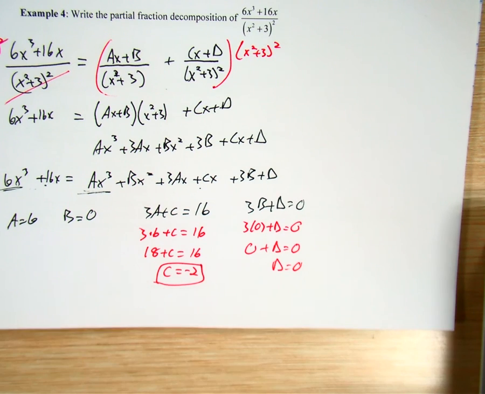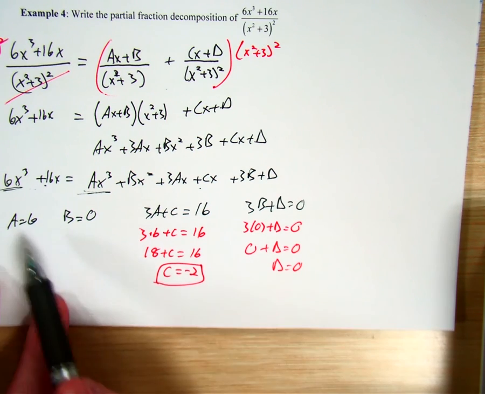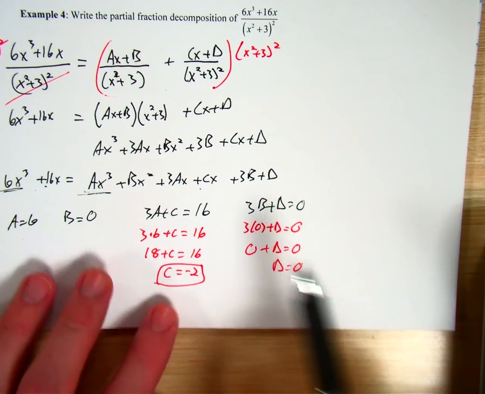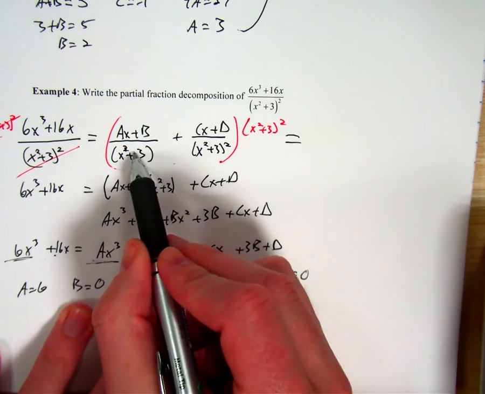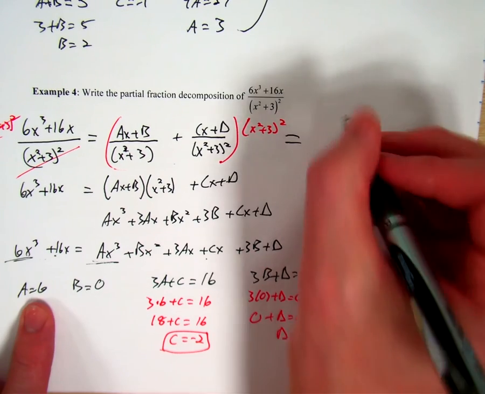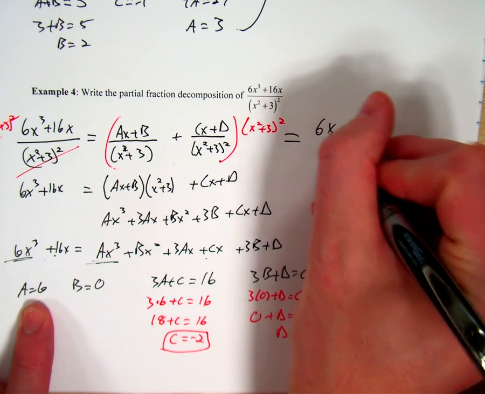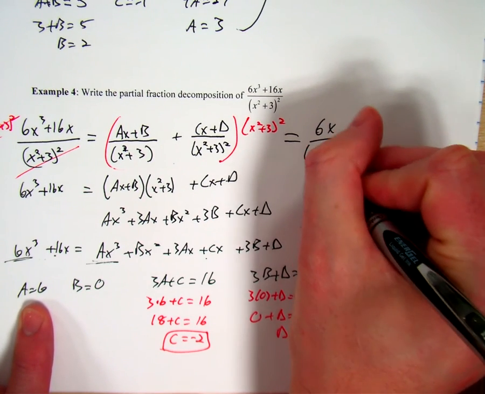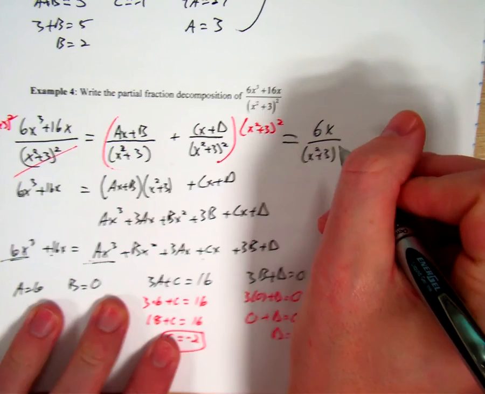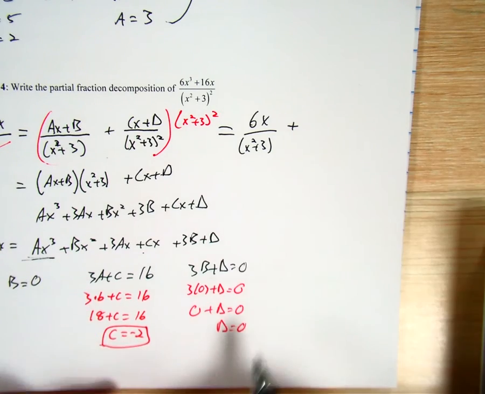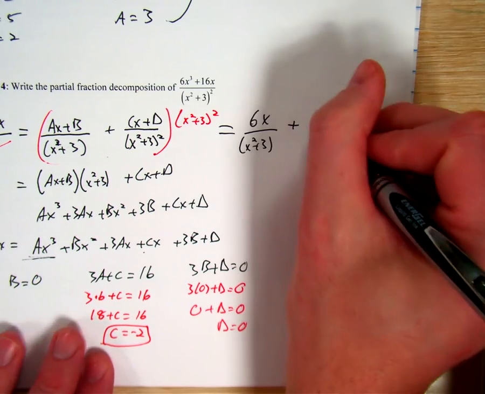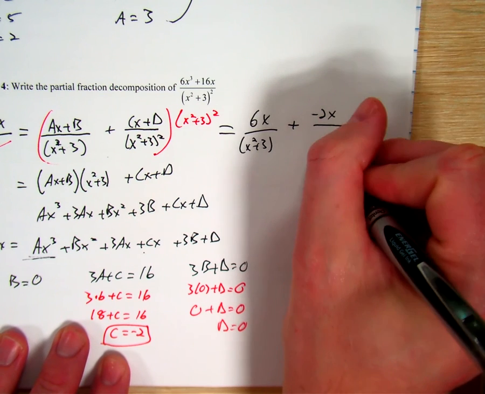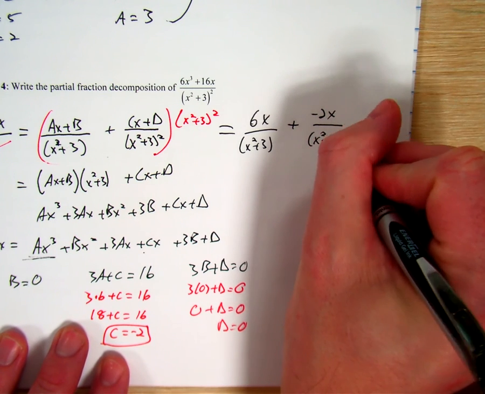All right, so we got all 4 spots, A, B, C, and D. We're going to come on up here and fill them in. So ax plus b, that's going to be 6x plus 0, or just 6x, over x squared plus 3, plus cx plus d, that's negative 2x plus 0, or just negative 2x, over x squared plus 3 squared.